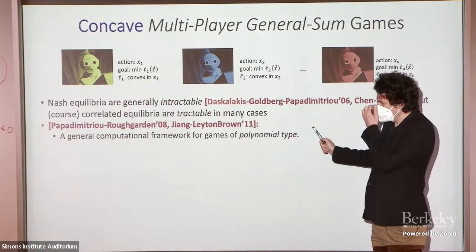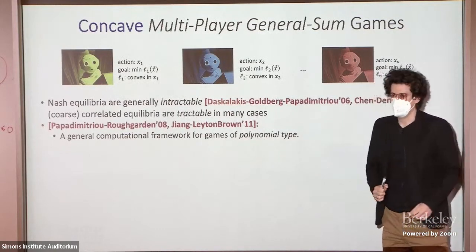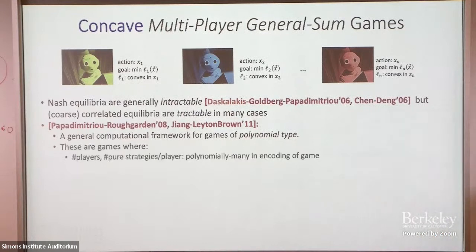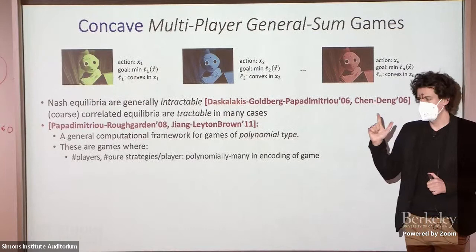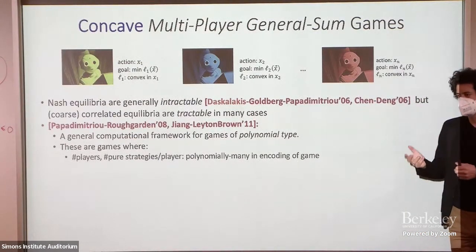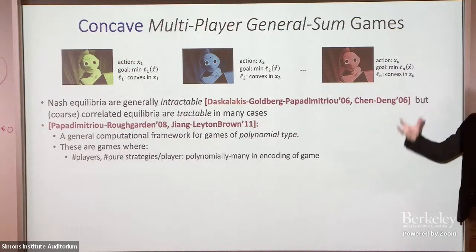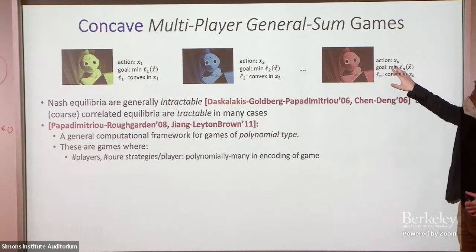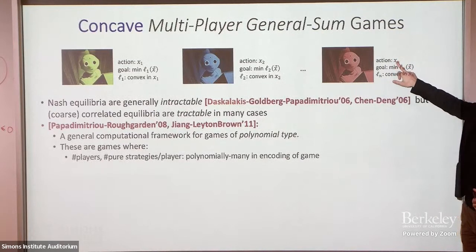So they provide a general computational framework for games of what are called polynomial type. What is that? These are games with a finite number of pure actions, where people can randomize over their actions. These actions are basically on simplices.